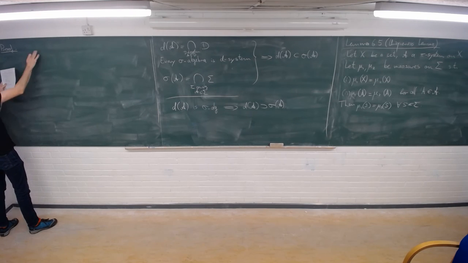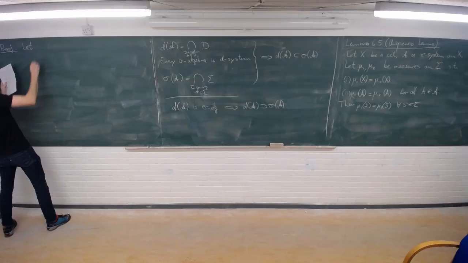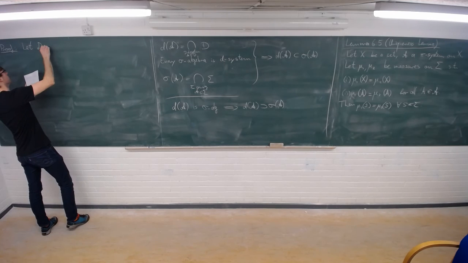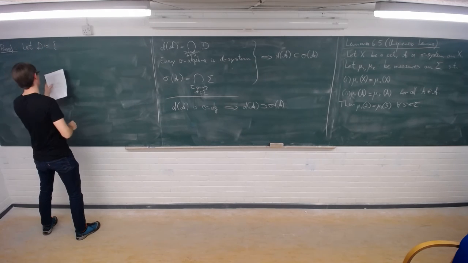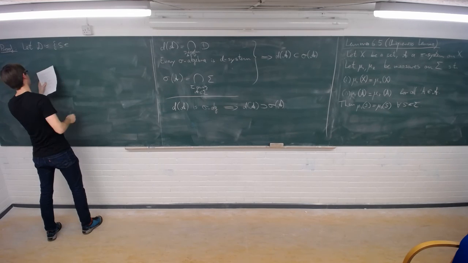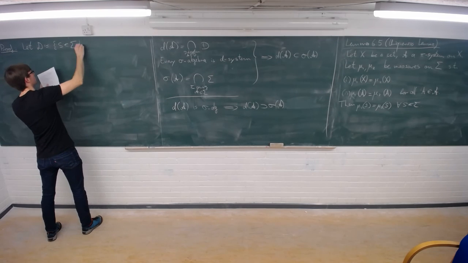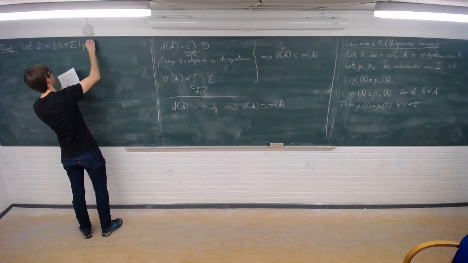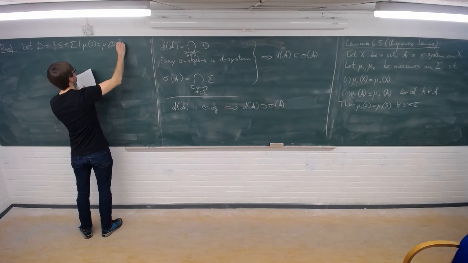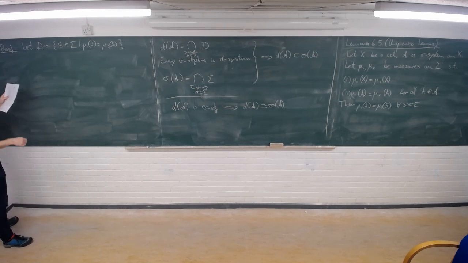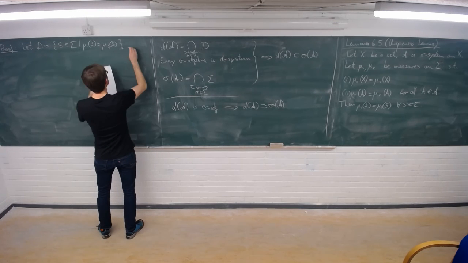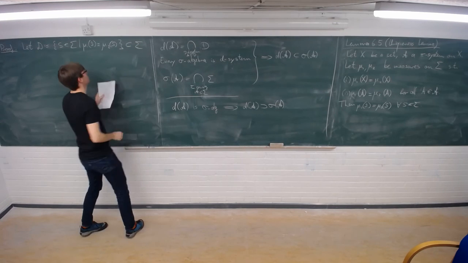So we start again by defining a set called D, which is defined as the set of S in sigma such that mu1 of S is equal to mu2 of S. Of course, by definition, this is a subset of sigma, right?